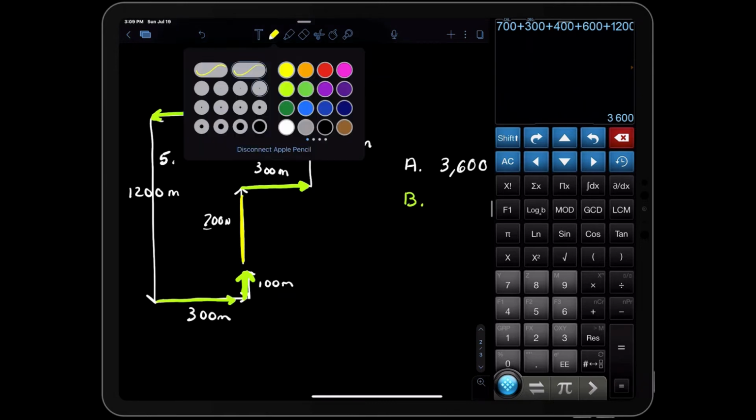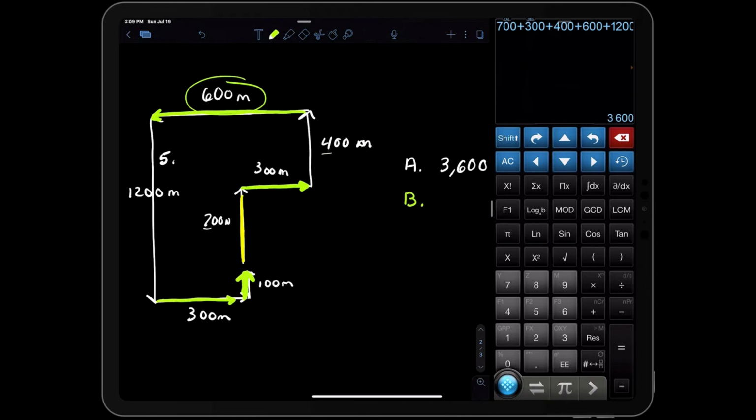Then if we're looking at our distances here, those two right there, we have 1100, right? And then you add this part right here to the mix. So that extra 100 gives you 1200 meters that would have been traveled in the y direction.